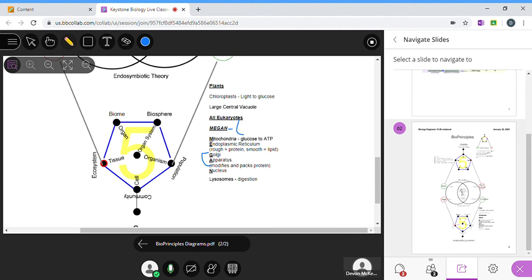Golgi apparatus. The Golgi apparatus is an organelle, a membrane-bound structure with a highly specific function. The GA, the Golgi apparatus, is an organelle that modifies and packs proteins.